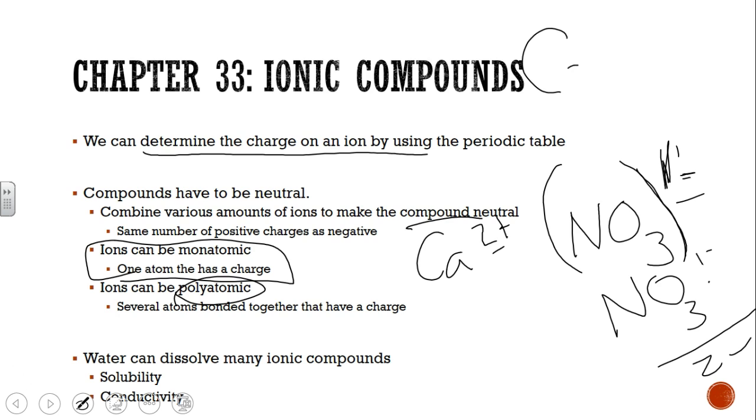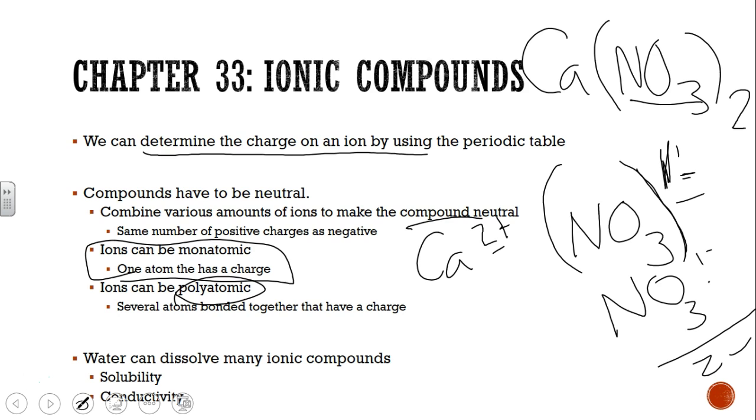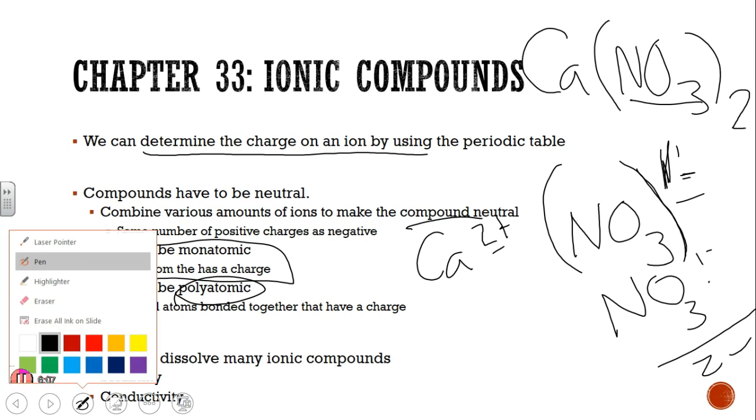So the formula here is Ca(NO3)2, and I'm going to put the NO3 in parentheses because it's a polyatomic ion. Okay, so this polyatomic ion is treated a lot like just a regular old ion, except it has many atoms together. Let's do another one.